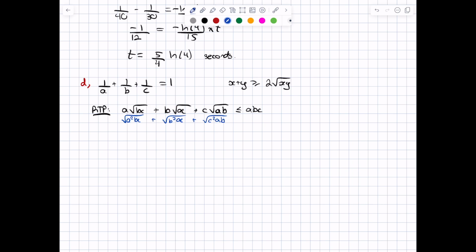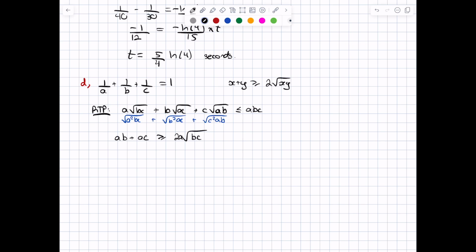So what I'm going to say is I'm going to have a look at ab plus ac. So I'm going to make sure that I have a copy of a in each one. The reason I want to do that is because that'll give me an a squared underneath my square root when I apply the AM-GM. That's going to be greater than or equal to 2 root, actually I can put the a at the front, that's 2a root bc.